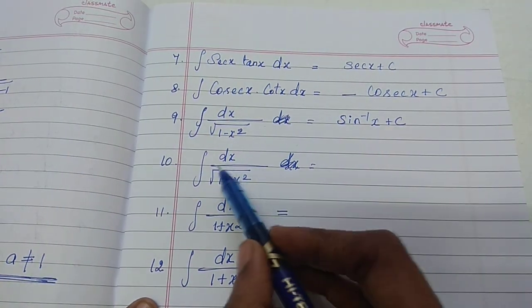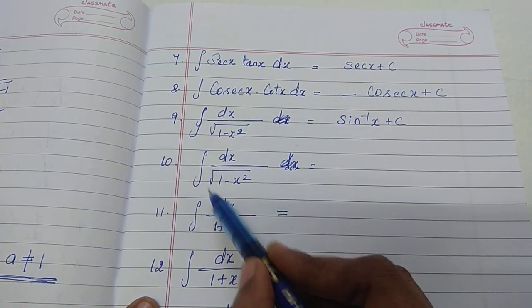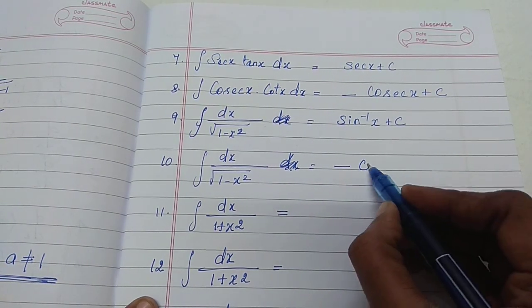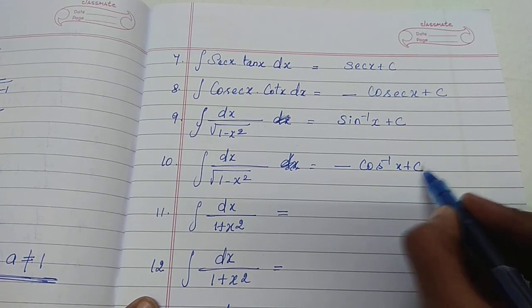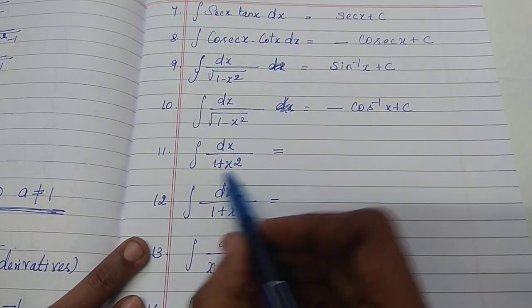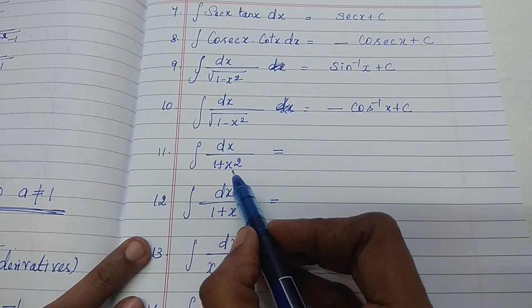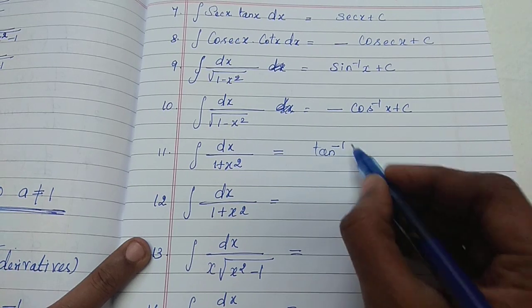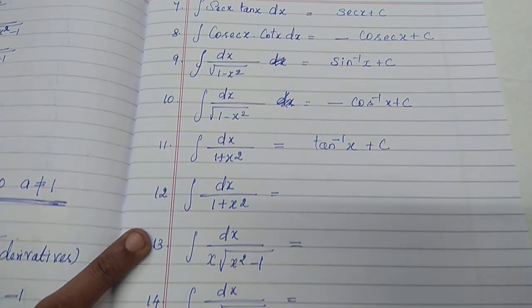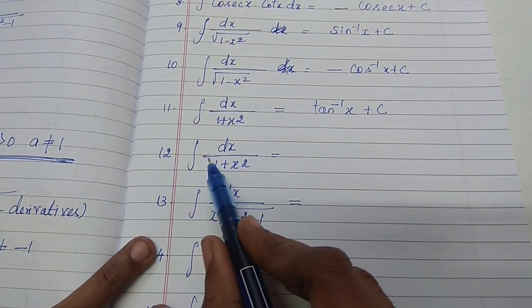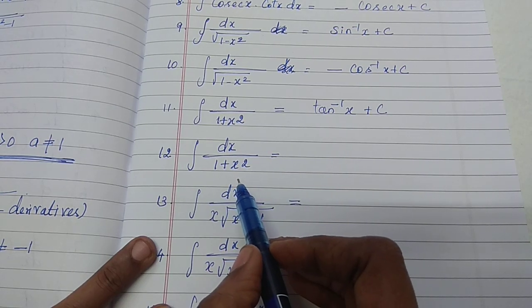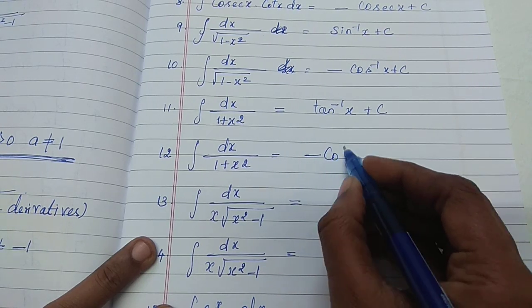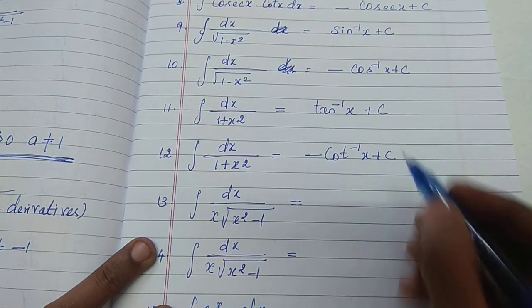Then for dx by root of 1 minus x square, we can use one more formula, minus cos inverse x plus c. Integral dx by 1 plus x square, the formula is tan inverse x plus c, and we also use one more formula, minus cot inverse x plus c.